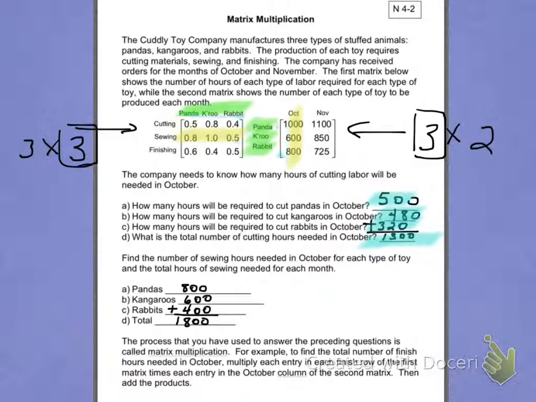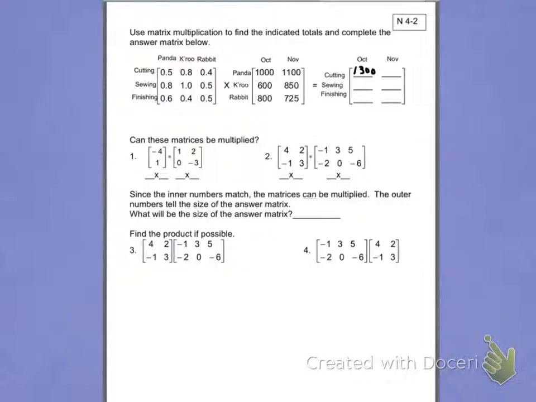We multiplied the first element by the first element, the second element by the second, the third by the third, and then we added them all together here, and we got 1,800 as our total amount of sewing hours for October. So we're going to go over to the next page, and for sewing hours in October, that would be 1,800.